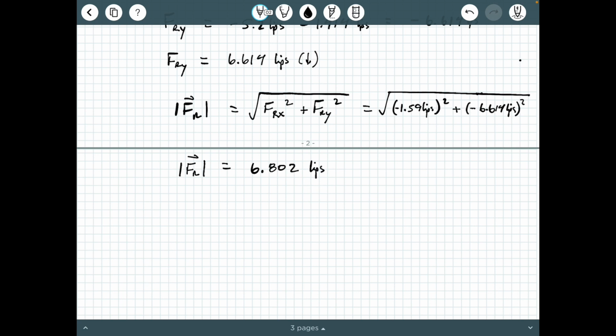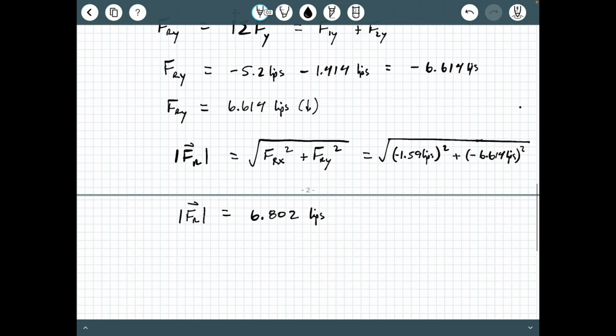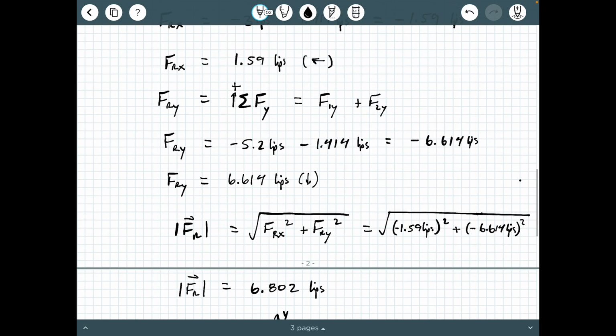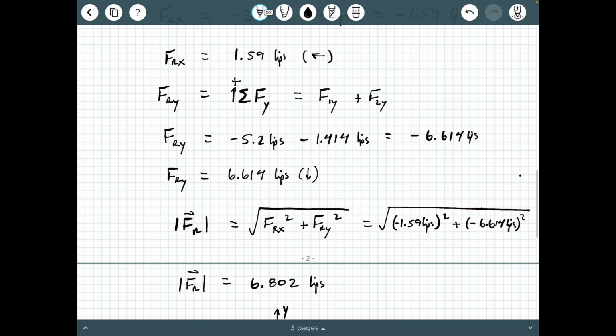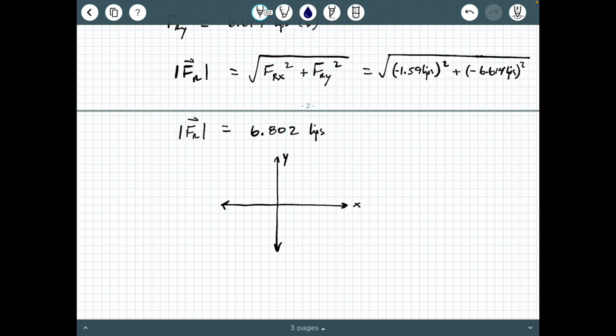Now, if we want to draw this out, the problem did not explicitly tell us to draw it out, but I find it very helpful for visualization purposes. So that's what I like to do. I would draw an XY coordinate system here, and then we look for FRX, which is negative 1.59, or 1.59 pointing to the left.